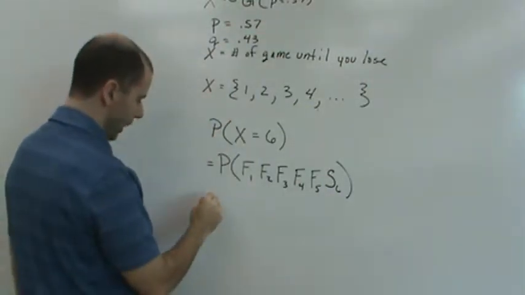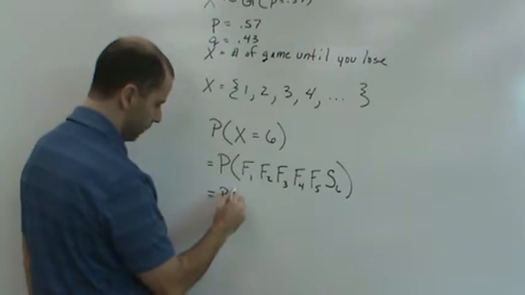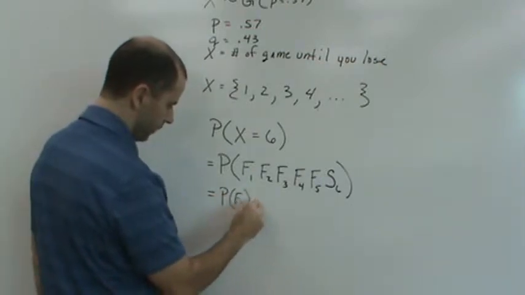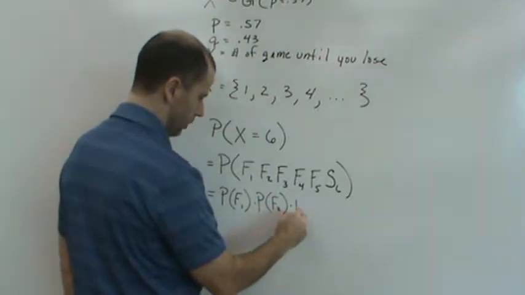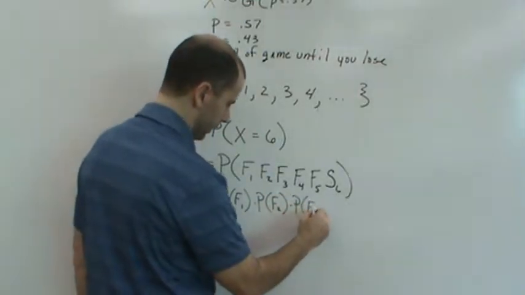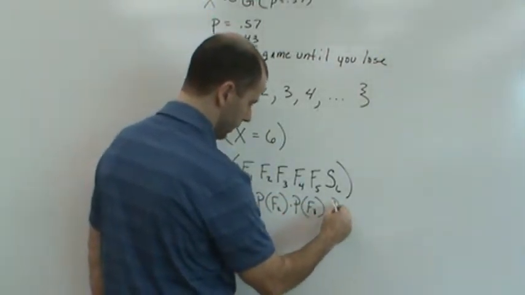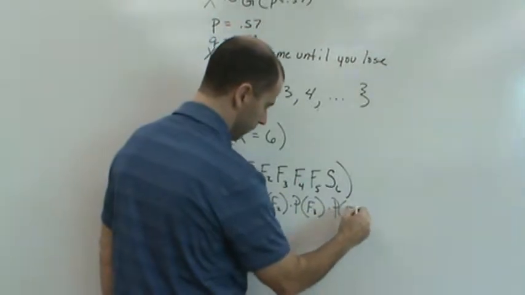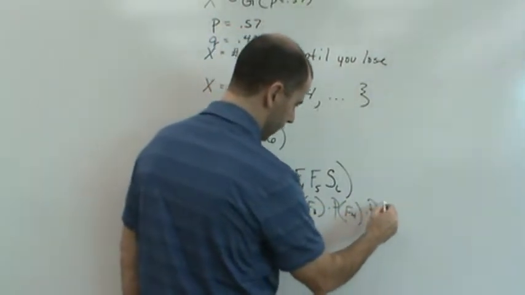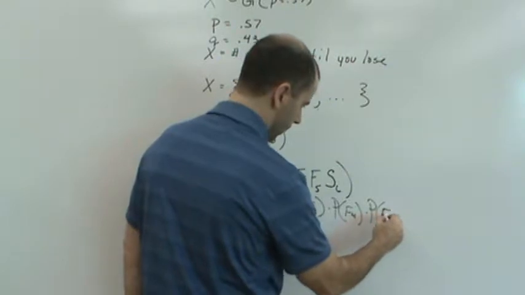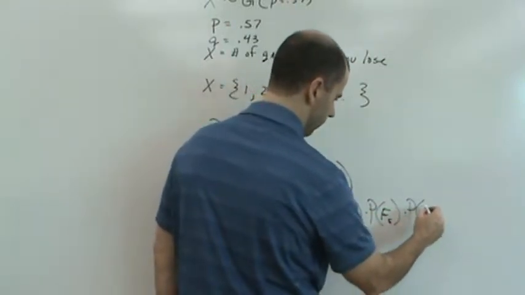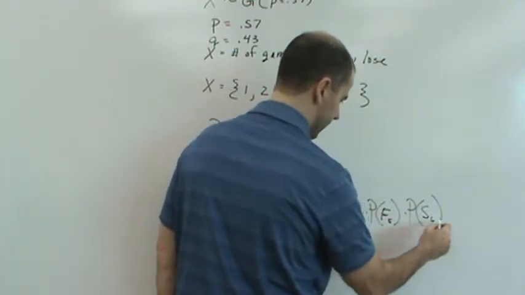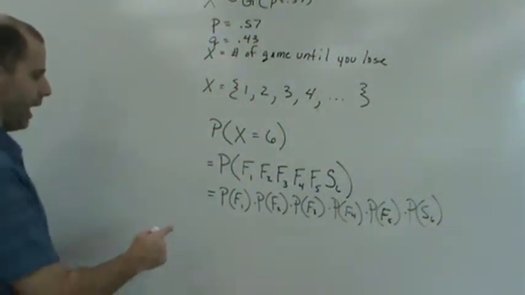So I can say this is equal to the probability of F1 times the probability of F2 times the probability of F3 times the probability of F4 times the probability of F5 times the probability of S6.